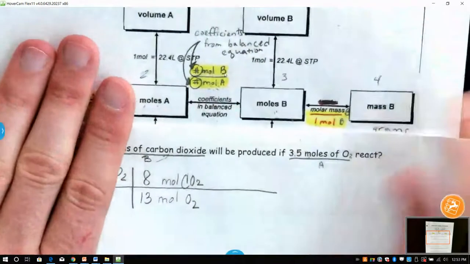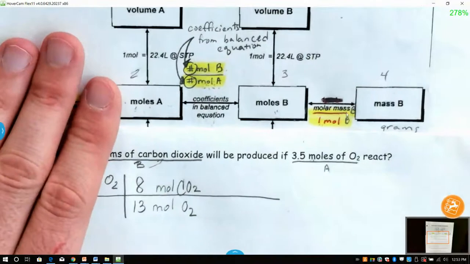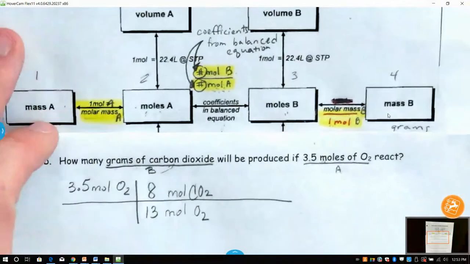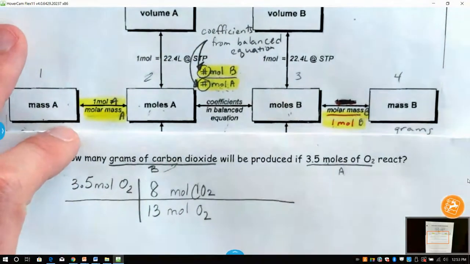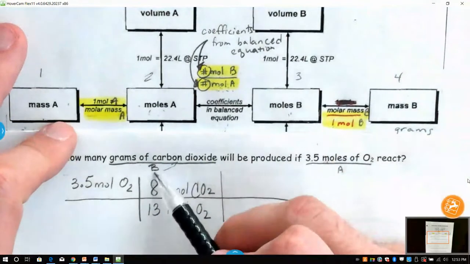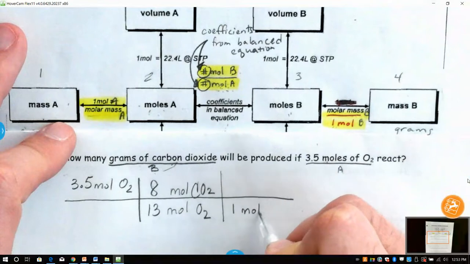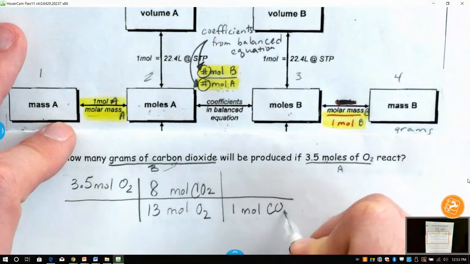Our second conversion is this one highlighted in yellow, where it says the molar mass of B over 1 mole of substance B. What was substance B again? Carbon dioxide. So we write 1 mole of that on the bottom.